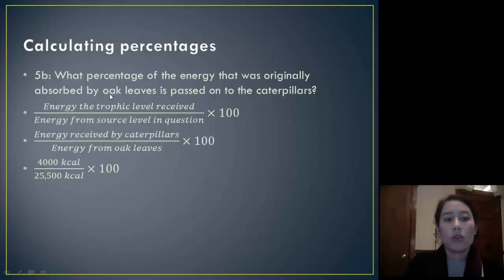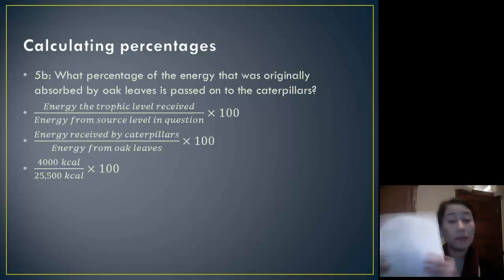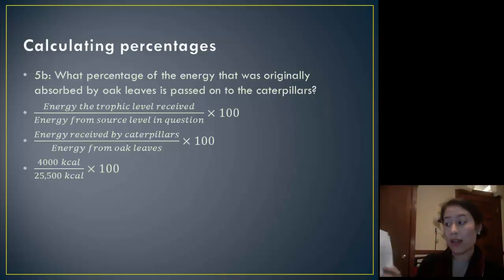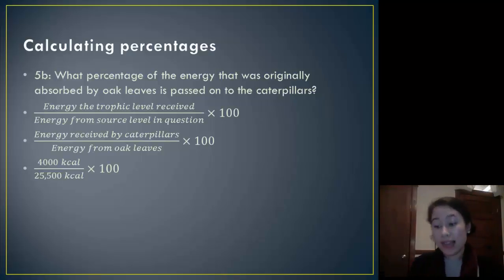Okay, so I need the energy that the trophic level received divided by the energy from the source level times 100. So the trophic level that received energy in this case was the caterpillars. So I go back to my ecological pyramid, and I see that the caterpillars received 4,000 kilocalories of energy. So that's what goes in my numerator.